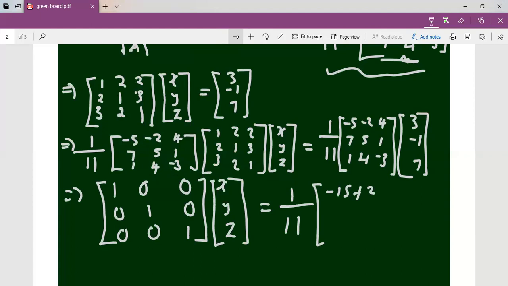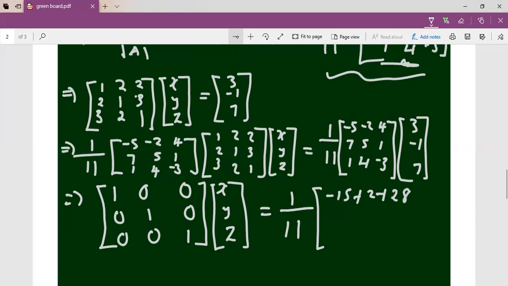Then 4 by 7, you have positive 28. It's always important to take note of the signs, so that you don't make any mistake.